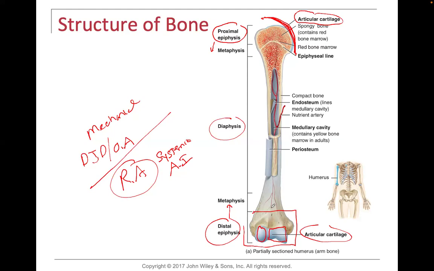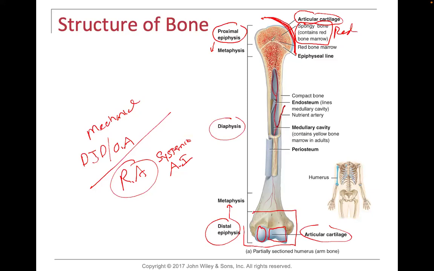At the proximal and distal epiphysis is where we have something called spongy bone. And spongy bone contains red marrow. This is going to produce our red blood cells. That'll happen at both the proximal and the distal epiphysis.